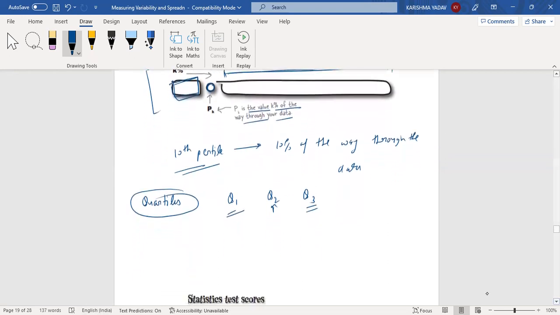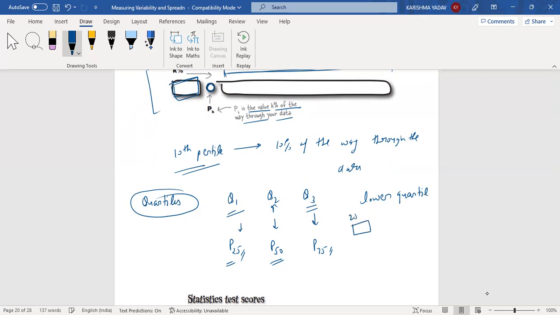The lower quartile is actually p25, the middle quartile is p50, as it contains 50% of the data set, and Q3 is p75, that is 75% of the data set. Now if we talk about the lower quartile, what does it depict? The lower quartile is like this.